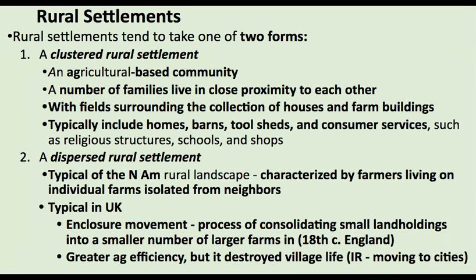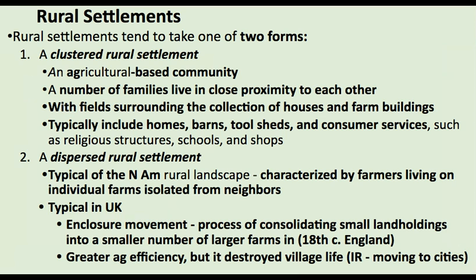Typically in the North American rural landscape, these are characterized by farmers living on individual farms really far away from each other, especially going into the more central parts of our country. You're going to see a lot of that. Again, big commercial farms keep people apart, basically. And there isn't a center of that kind of settlement. They usually have to go and seek out their consumer services at a settlement that's close by.